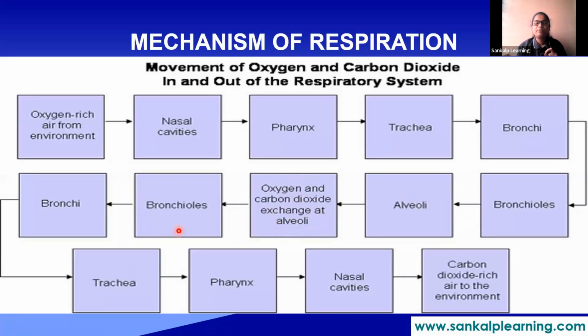Then through the bronchioles, the air which is rich in carbon dioxide. I am repeating, please listen to it. The air which is rich in carbon dioxide goes to the bronchioles, then again bronchi or bronchus, again trachea, trachea to pharynx, pharynx to nasal cavity, and we will release the carbon dioxide rich air to the atmosphere, into the environment.